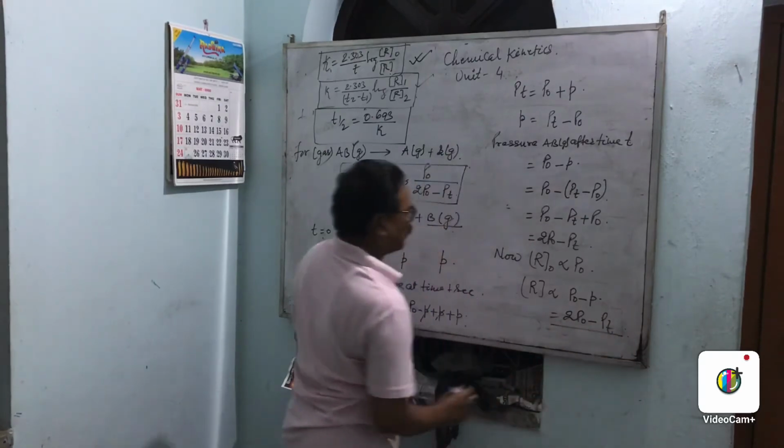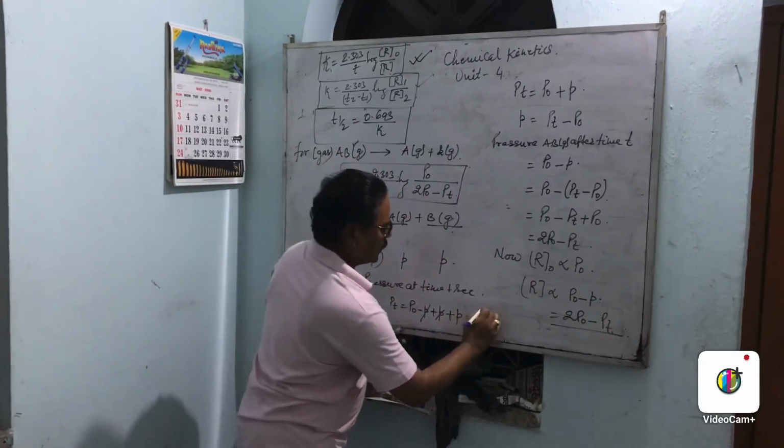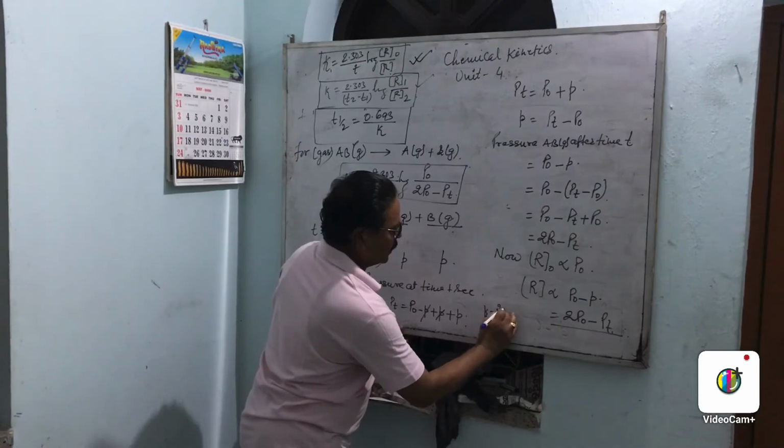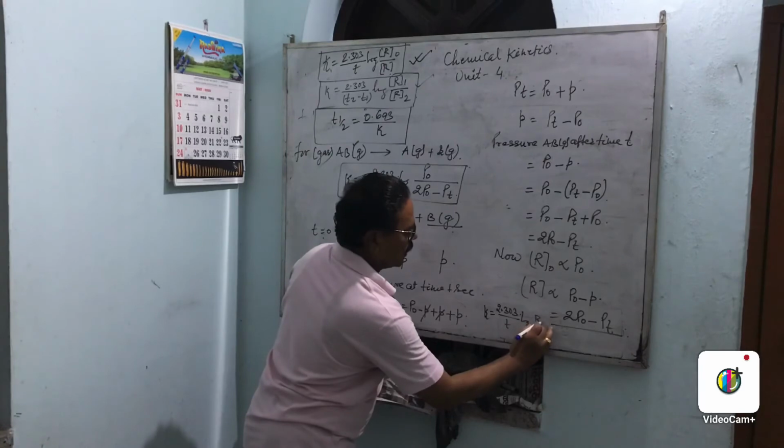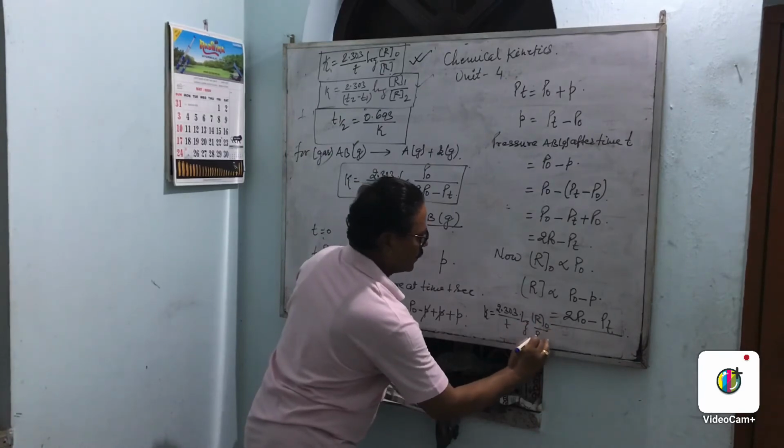That's why we put in the equation, that is the equation for 2.303 by T log R naught by R.